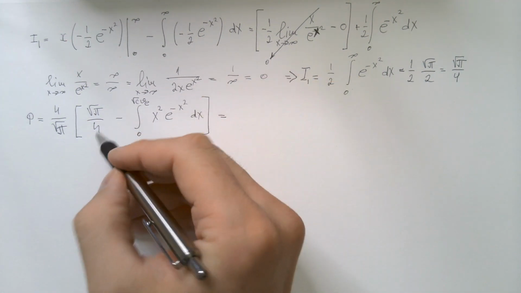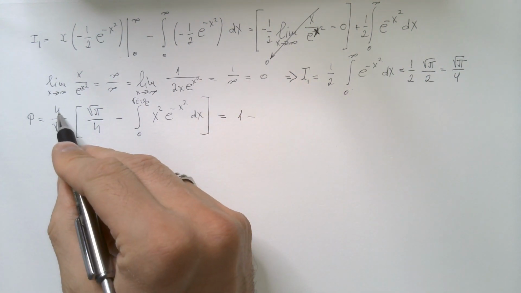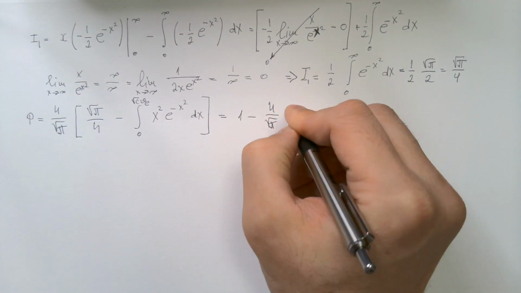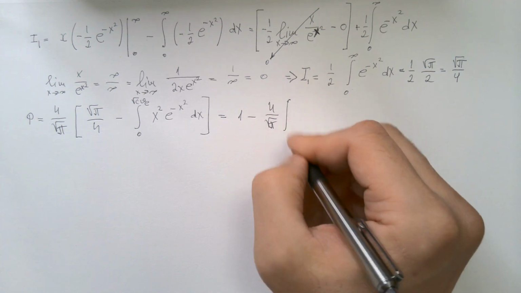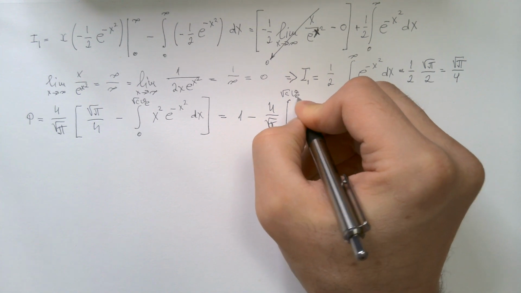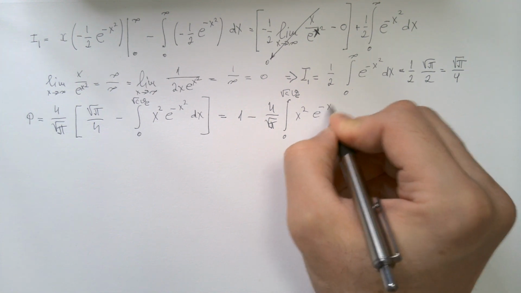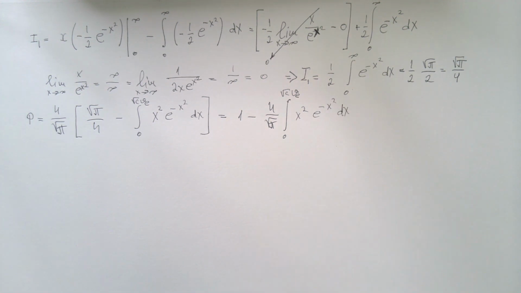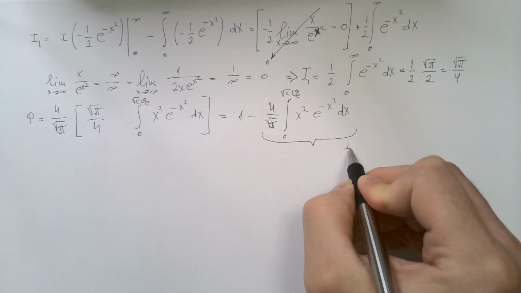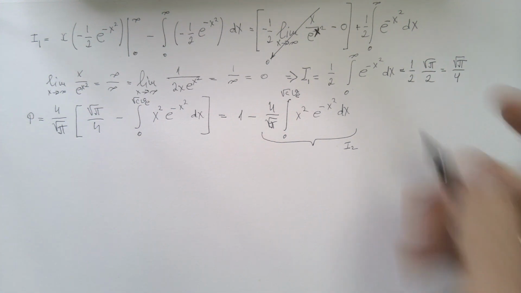And notice that these two will cancel, so I will get 1 minus, if I multiply this factor with this integral, 4 over square root of pi times the integral between 0 and the square root of c ve times x squared e to negative x squared dx. Now this integral over here, which I called integral I2 on the previous page, cannot be solved analytically.